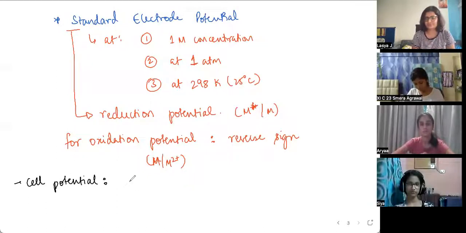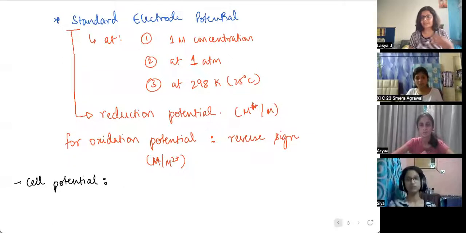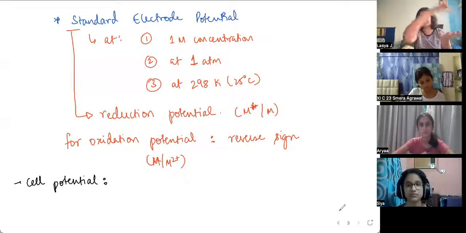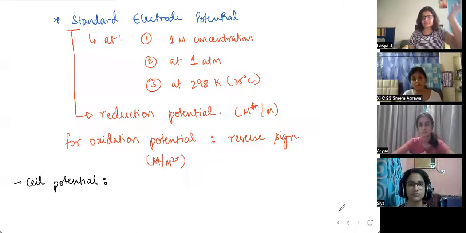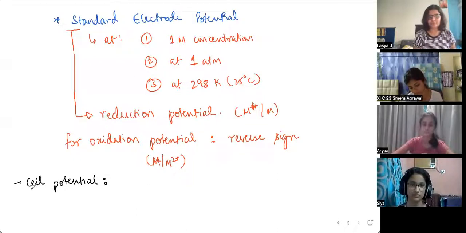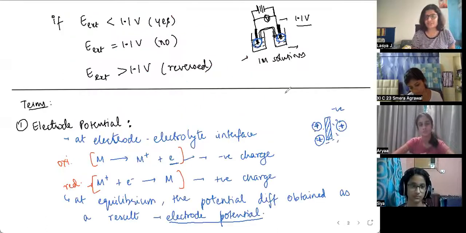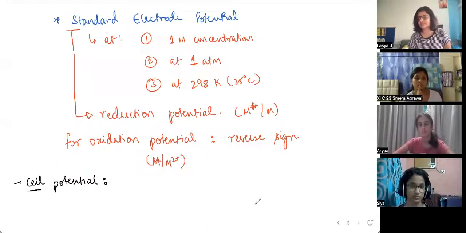Reduction means gaining the electrons, the oxidation is giving the electrons. So in order to create a cell where there is constant flow of electric current, you need a reduction half plus an oxidation half. You need a combination of both. So that's what cell potential is.